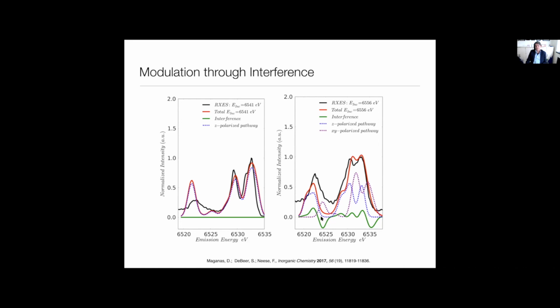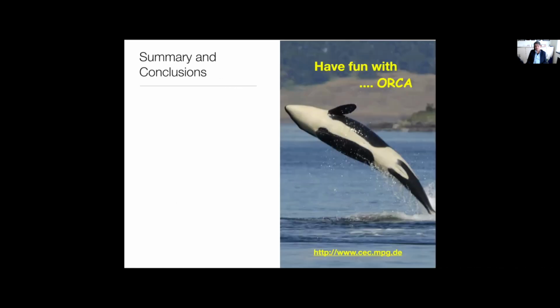You see that here is the XY polarized pathway, and there the interference terms are big. Again, this is a complicated paper and a complicated analysis. I only wanted to scratch the surface here and say that you can use these calculations now. ROCIS and all of the other tools are available in order to calculate that. And you can also use that to get insight into the origin of these features.